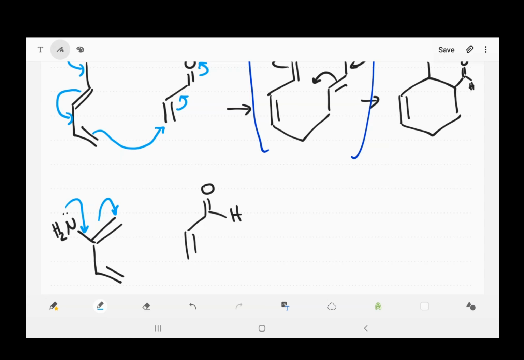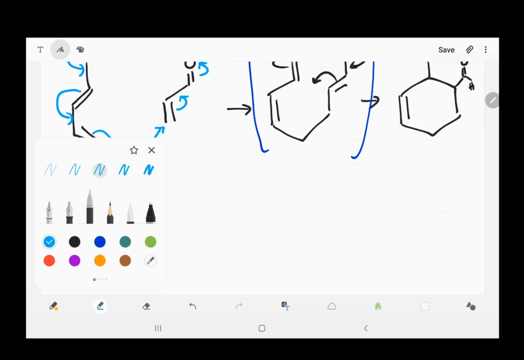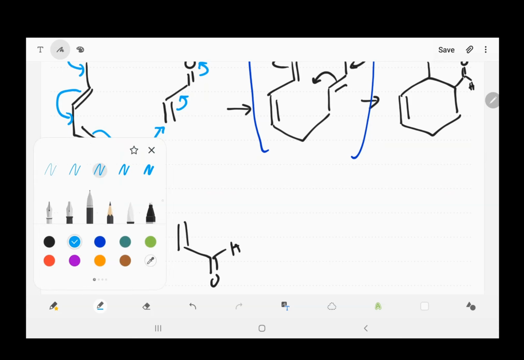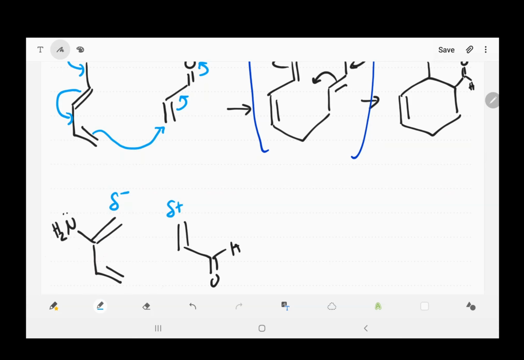And so as a result, this time we're looking at our negative carbon being the top carbon, and our other one is still the same, the bottom carbon being the positive one. So it may be better to redraw our electrophile upside down so that our positive and negative are kind of close by.